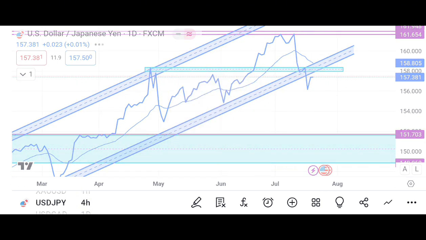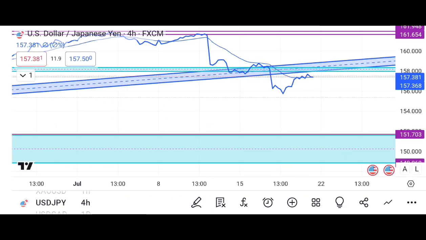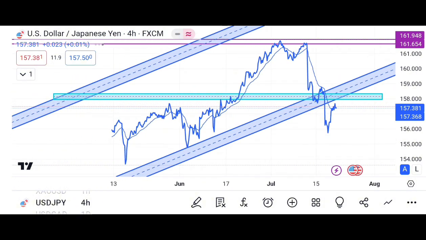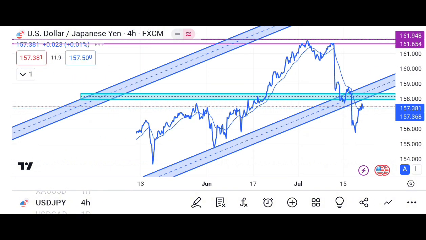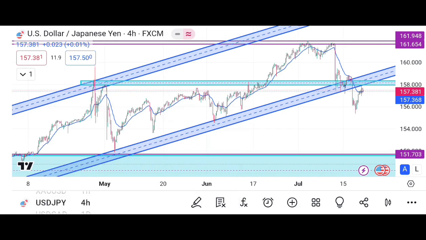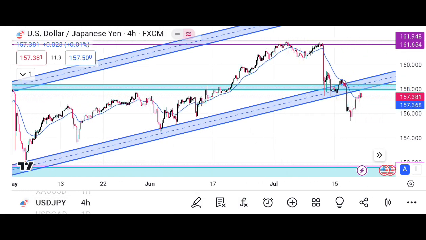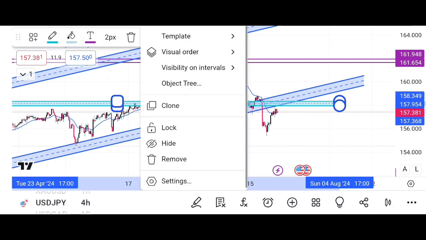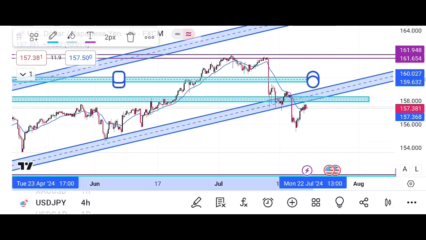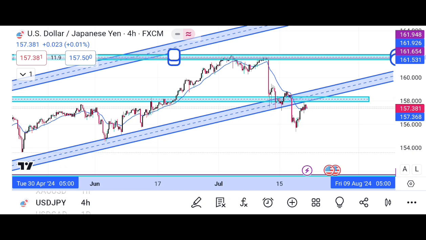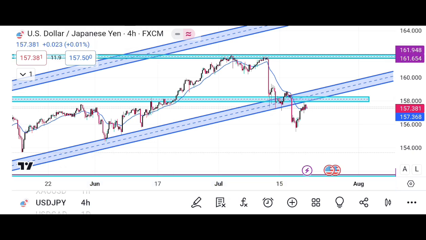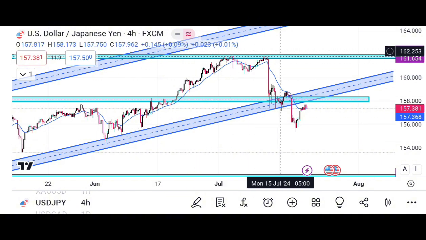4-hour. As you guys can see, on the 4-hour, as I said, we had a double top, which is an M formation, down.